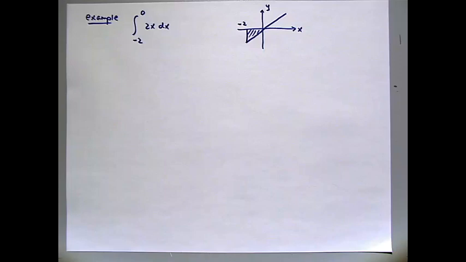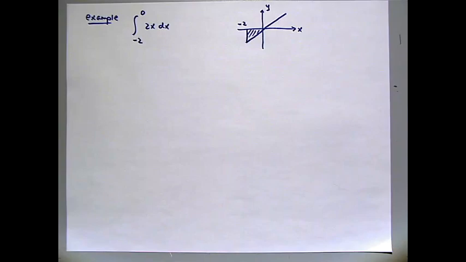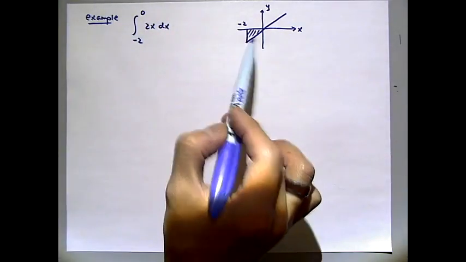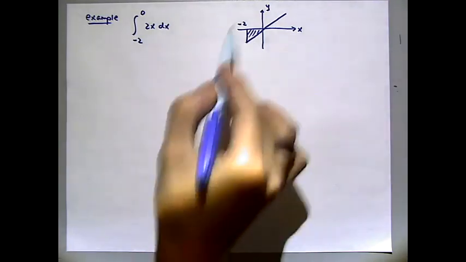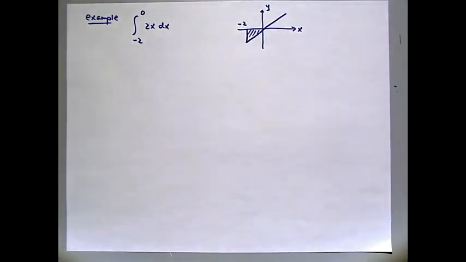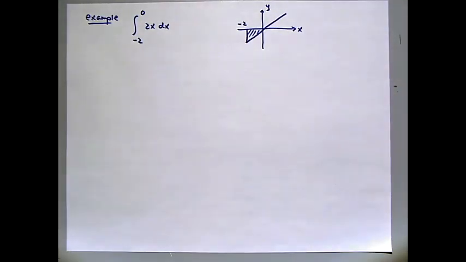When we say area under something, what we really mean in general is the area bounded between that function and the x-axis. In this portion right here, the x-axis is above the curve. So the area is actually this triangle right here.